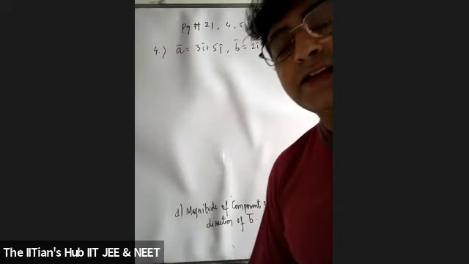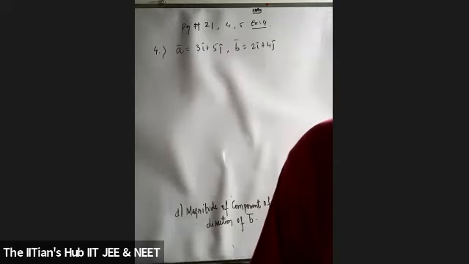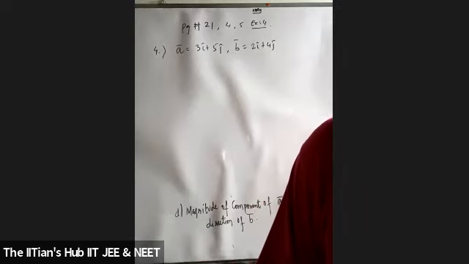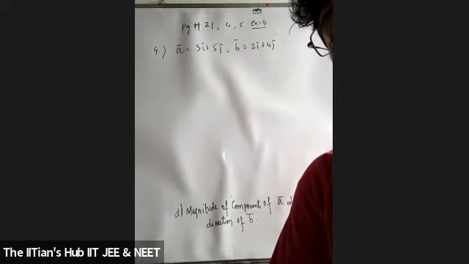Now anybody can tell me how to go about the D1. Come on. The most intelligent student can answer. Yes sir. Sir, it will be vector A multiplied by vector B. Yes, so magnitude of component of A along direction of B, what will you find? Will you find A cross B? Vector A into unit vector B. Pardon?